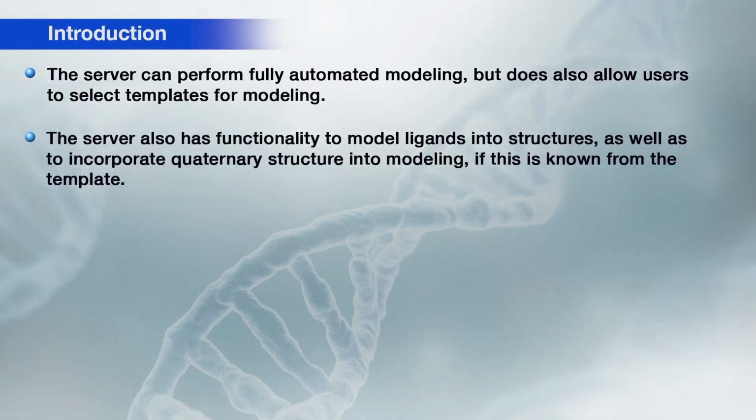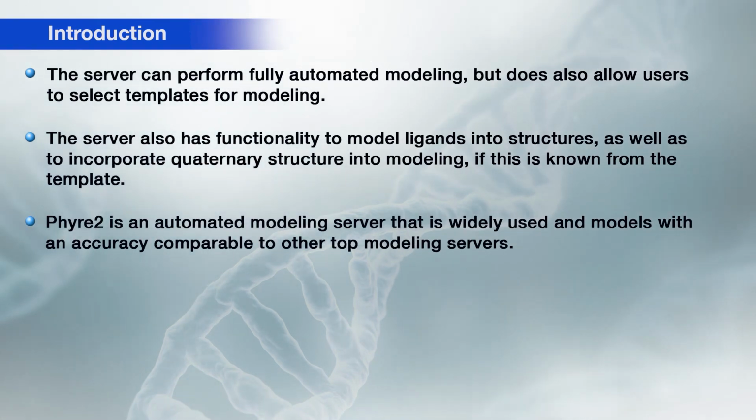The server also has functionality to model ligands into structure as well as to incorporate quaternary structure into modeling, if this is known from the template. Phyre2 is an automated modeling server that is widely used and models with an accuracy comparable to other top modeling servers.